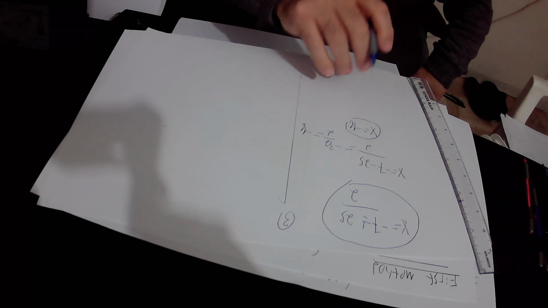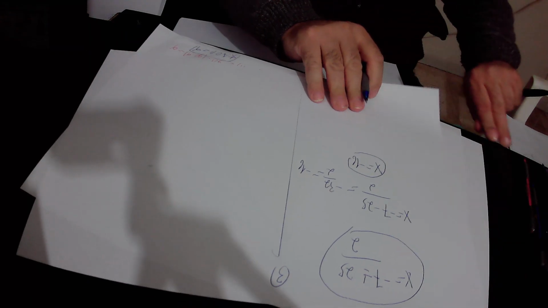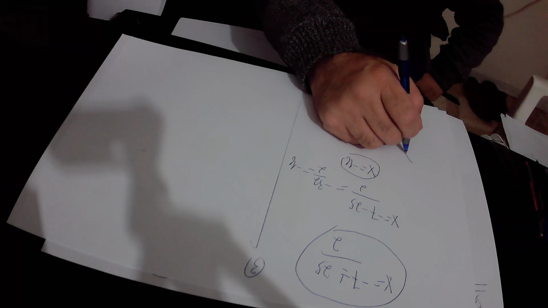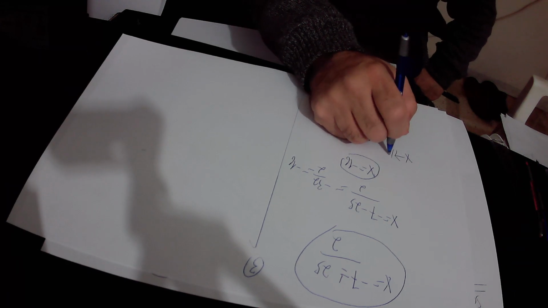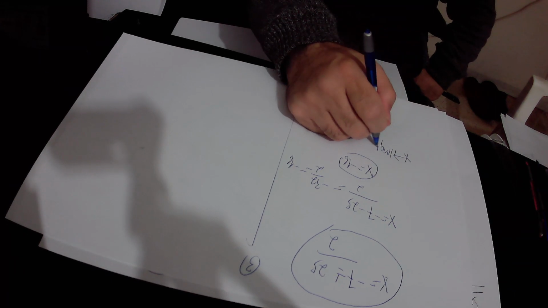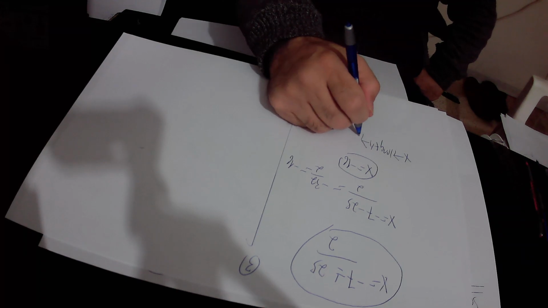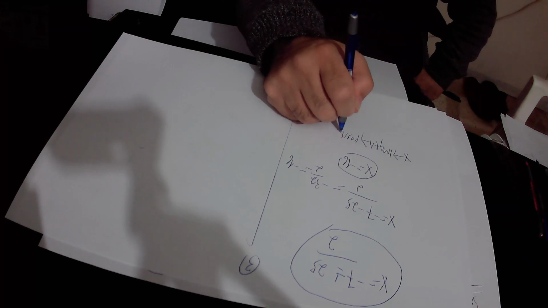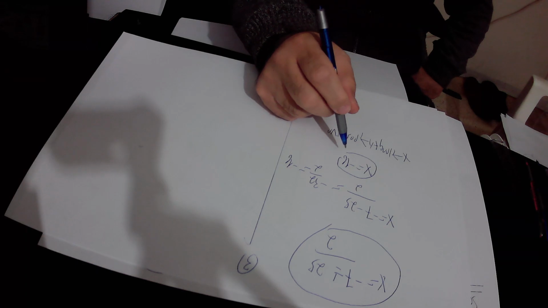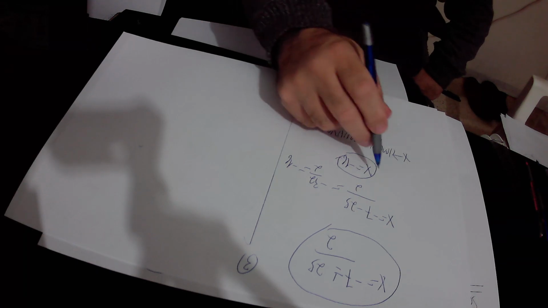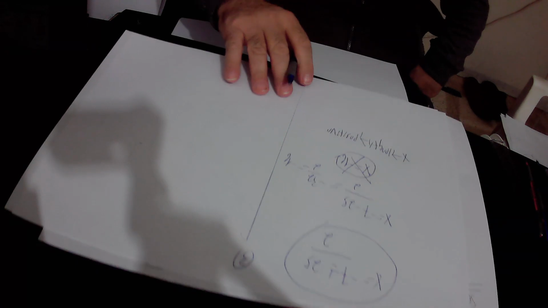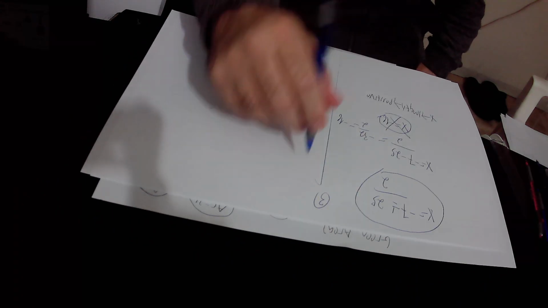But because x is a length, and a length must be a positive number, we cancel the solution that x equals minus 16, that is a negative number, and we are left only with the second solution that is possible for x.